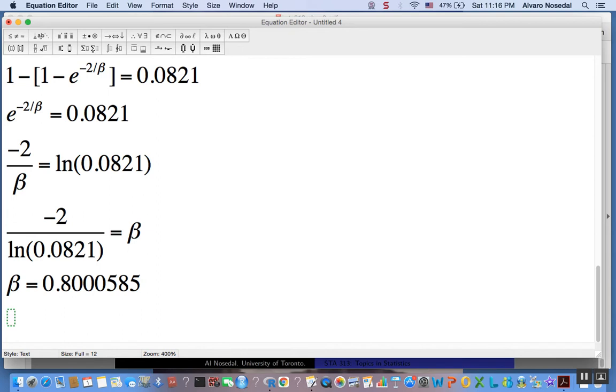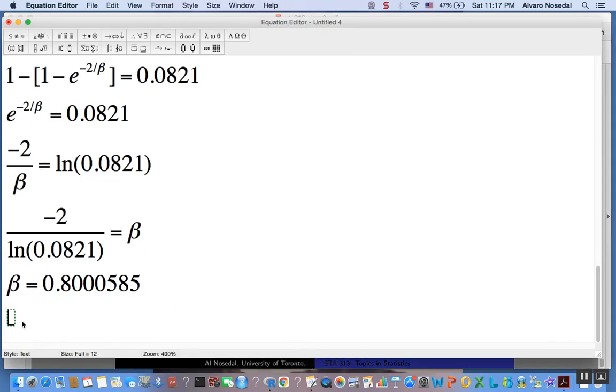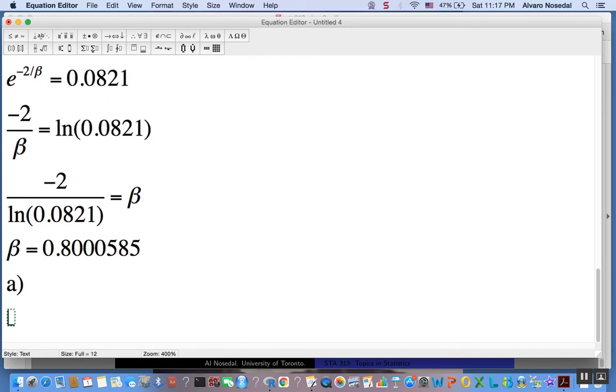Are we good? So now we have our parameter of interest. Now that we have it, we are going to be able to find the expected value. We have a couple of ways. Maybe some of you remember that the expected value of an exponential is beta.